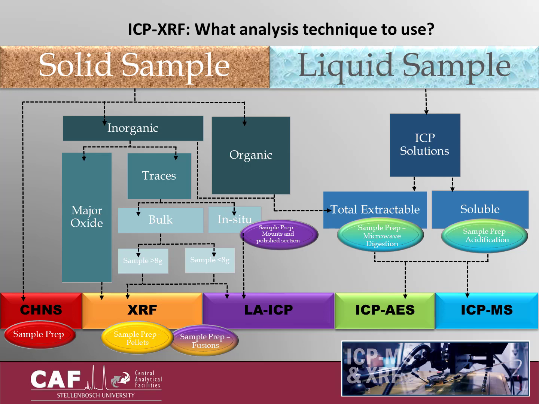So for any liquid samples, major and trace elements are done by ICP AES or ICP MS, following specific sample processing steps, whether you require total extractable or soluble content of the sample. For solid samples on which you require CHNS, your choice is then only CHNS. Mostly on dry samples where the sample is combusted for analysis.